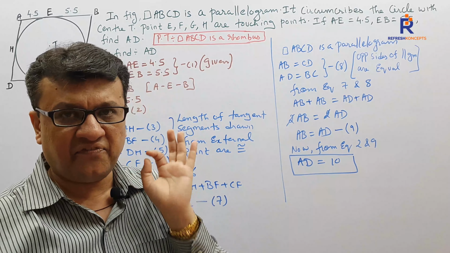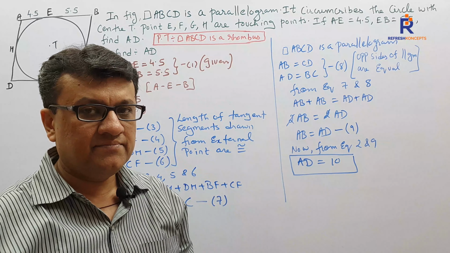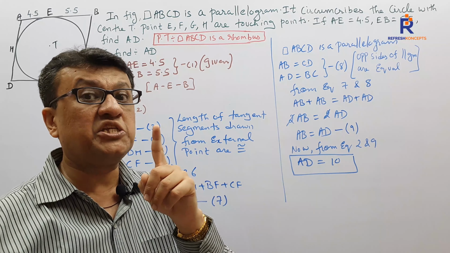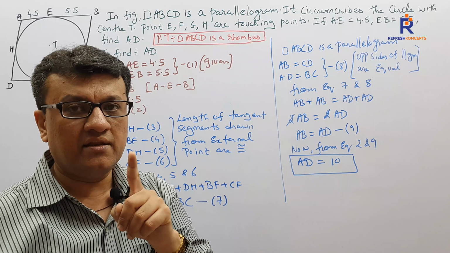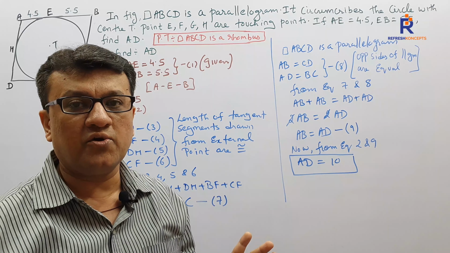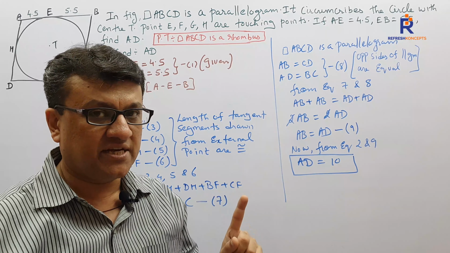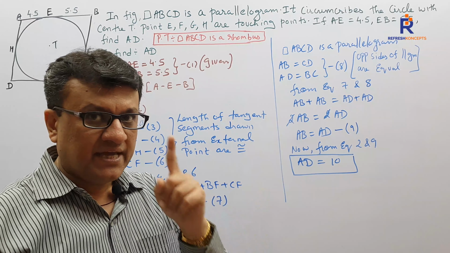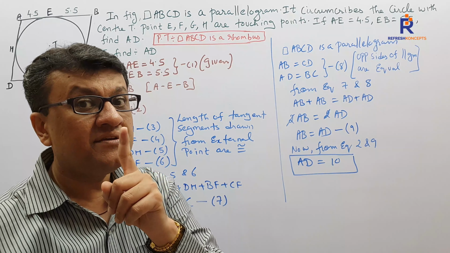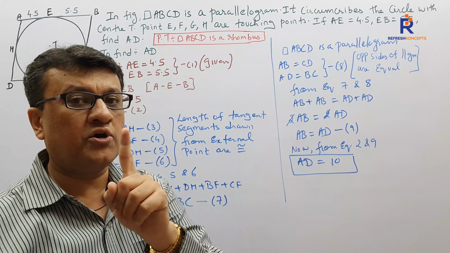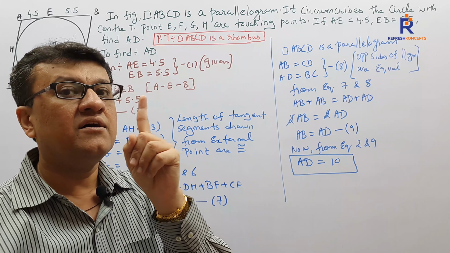Answer is, if in a parallelogram any one pair of adjacent sides happens to be equal, the parallelogram is no longer just a parallelogram, it's a rhombus. I reiterate: if in a parallelogram any one pair of adjacent sides is equal, then it is a rhombus.